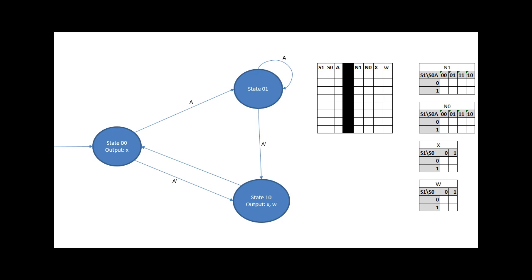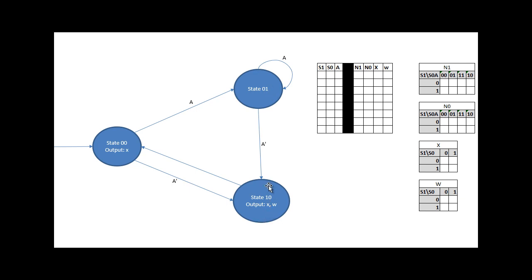In order to go from state 0,0 to state 0,1, we need to assert A. In order to go from state 0,0 to state 1,0, we have to assert not A. In order to go from state 0,1 to state 1,0, we have to assert not A. And in order to stay at state 0,1, we have to assert A when we are at state 0,1.